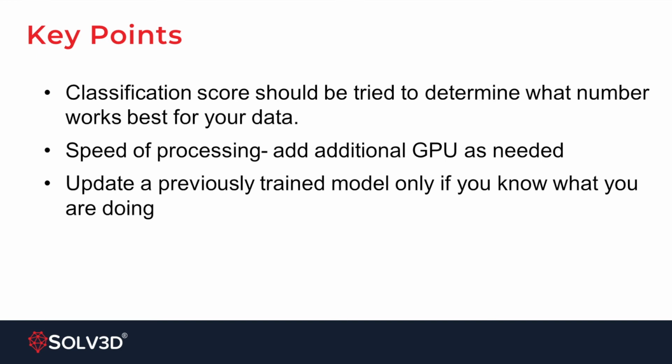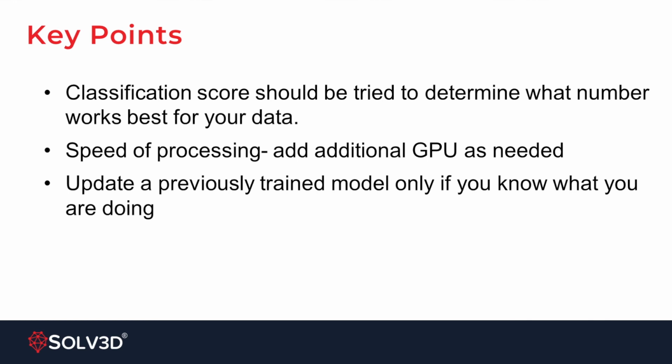It looks like it's pretty similar to using it in live view with a few exceptions. So I'd say the key points for this section is, as with the other one, you've got to pay attention to your classification score, and you may have to play with it to make sure you get the results that you're looking for. If you find that even on the GPU setting, things are still going a little bit slow, see our documentation about what can help you.